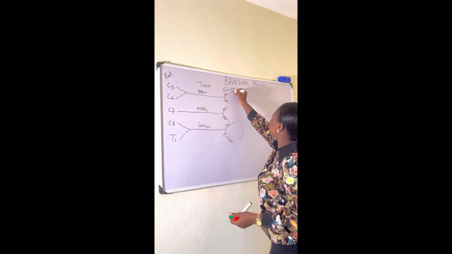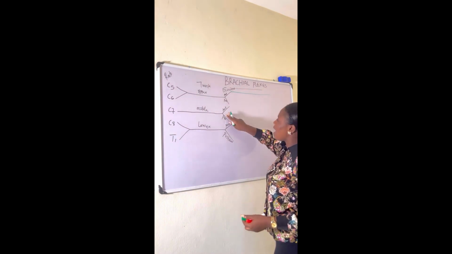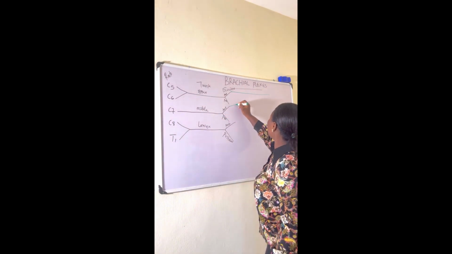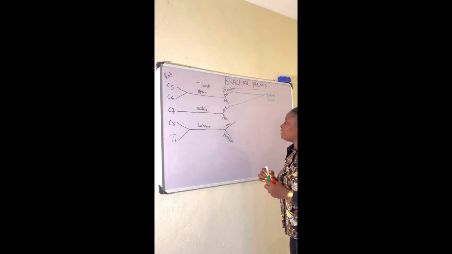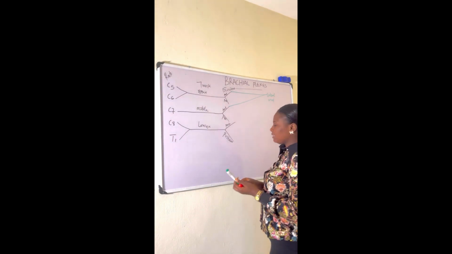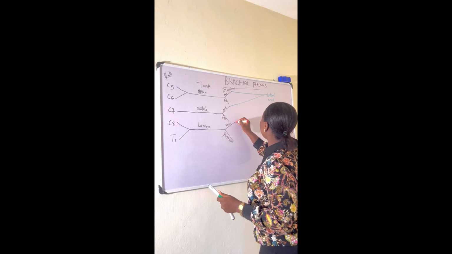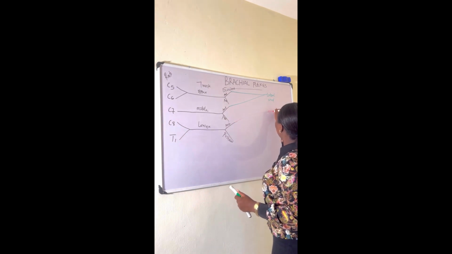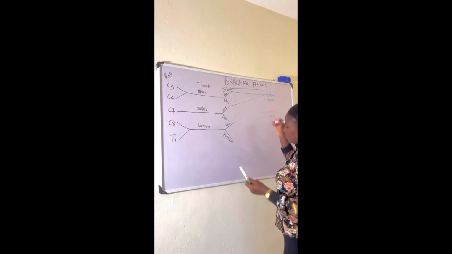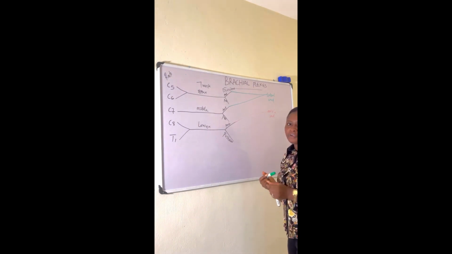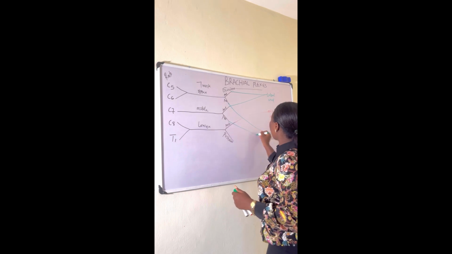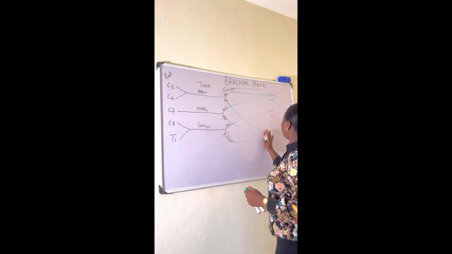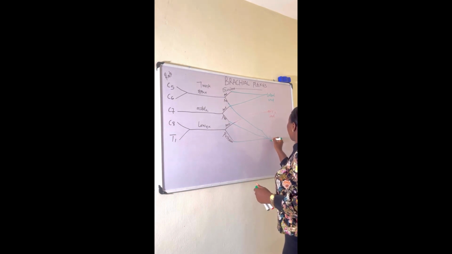The anterior division from the upper trunk and the anterior division from the middle trunk give us the lateral cord. The anterior division from the lower trunk gives us the medial cord. The posterior divisions from all 3 trunks give us the posterior cord.